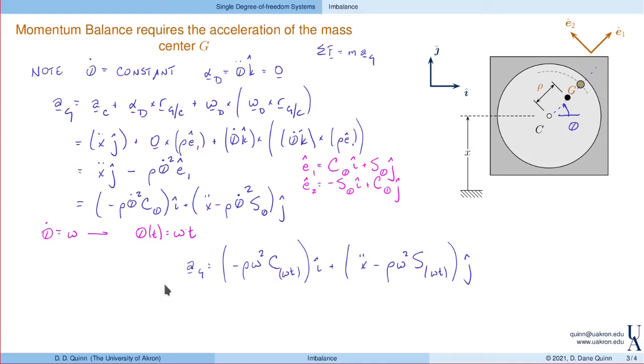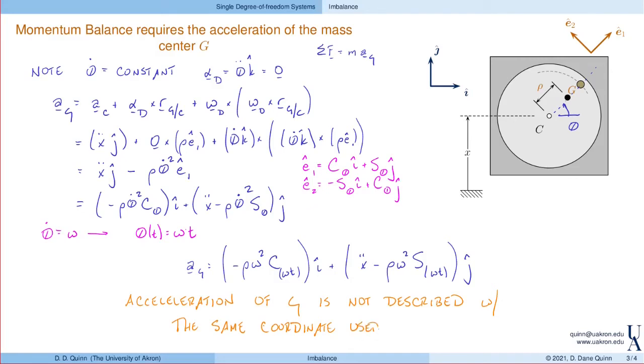What I'll notice from here is that the acceleration of the mass center, or of G, is not described with simply x, or the same coordinate used for the forces. And those forces were from the spring and the damper.